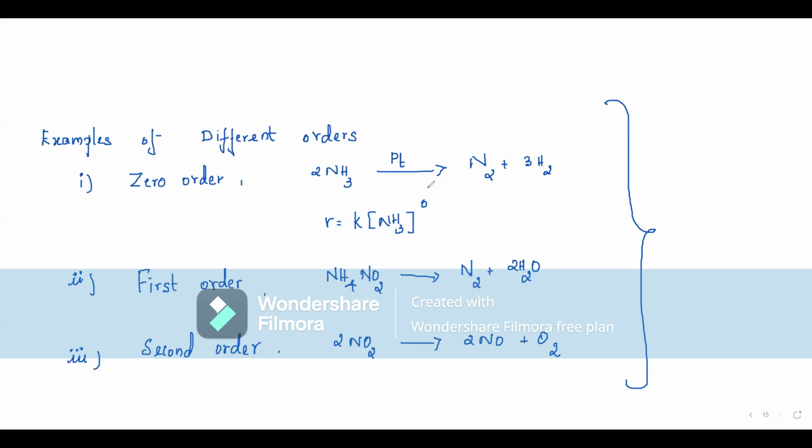Zero order reaction: decomposition of ammonia to form nitrogen and hydrogen. First order: the previous one you can study, that N2O5 one, or NH4NO2 decomposes to give N2 plus 2H2O. Second order reaction: 2NO2 gives you 2NO plus O2.